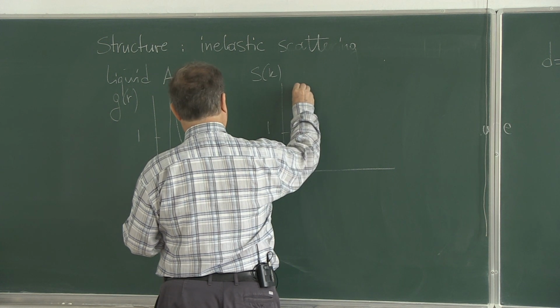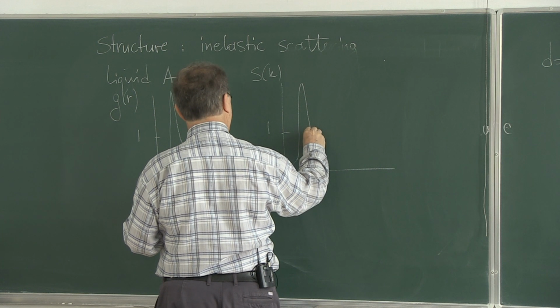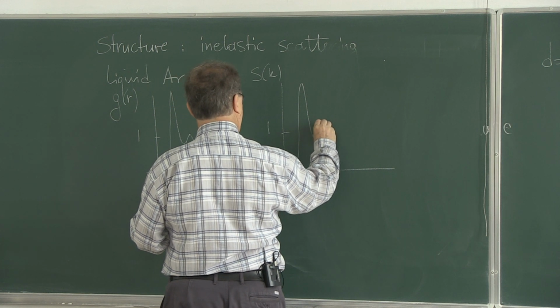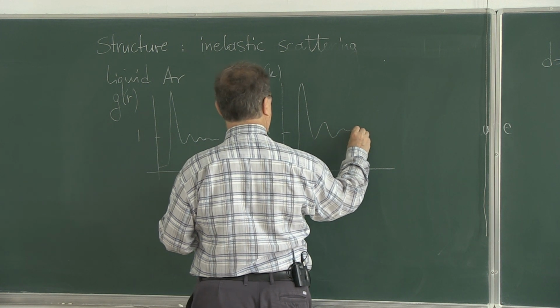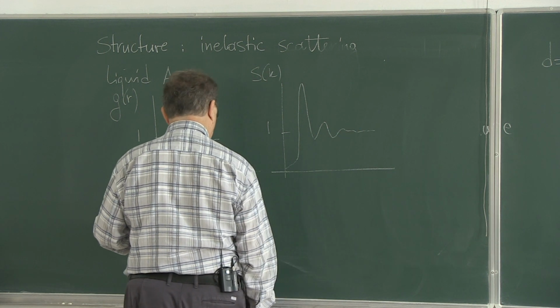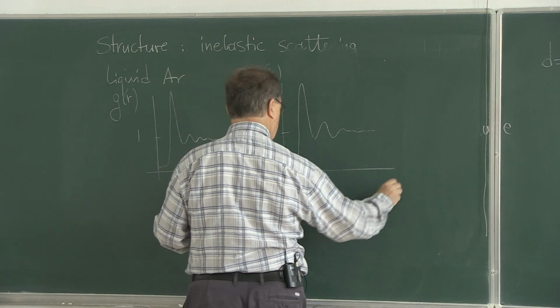It goes up like this, a bit broader, then a second peak, a little bit of a third, and then it dies out. This is around 2, 4, etc. as k.